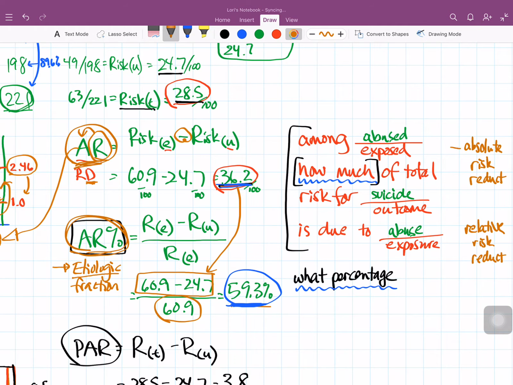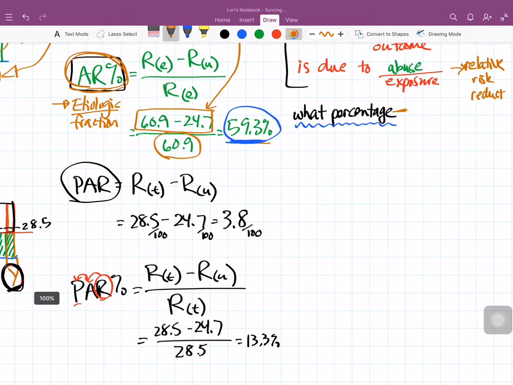See how we're using the words absolute and relative? In other words, relative is what percentage. Absolute is the per 100. We're using the original scale that we measured the risk in the first place, the risk in the unexposed, the risk total, the risk in the exposed. So that's the difference between the absolute and the relative.